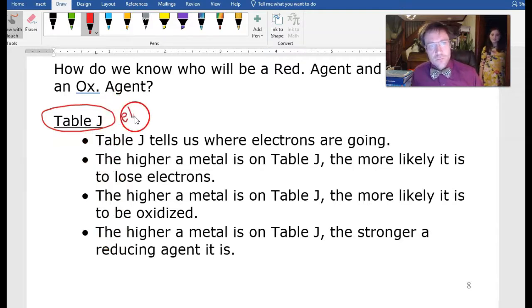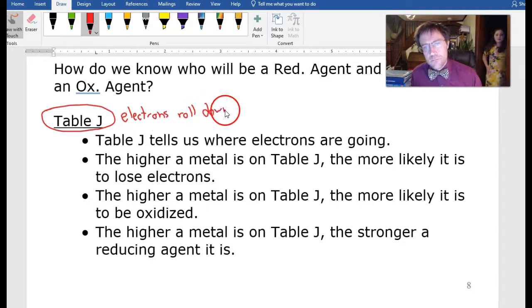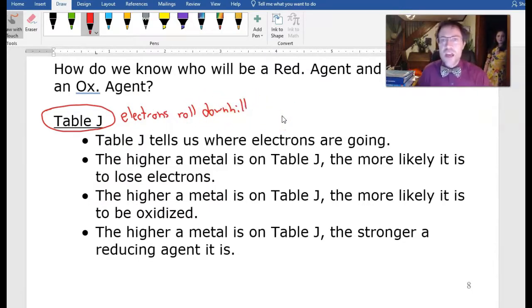Electrons roll downhill. Well, on table J anyway. So here's the deal. Table J tells us where electrons are going. The higher a metal is on table J, the more likely it is to lose electrons. Does that make sense? Great.